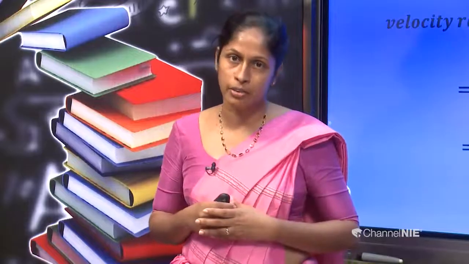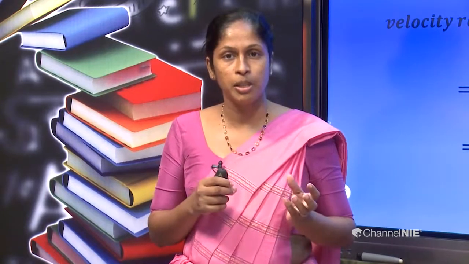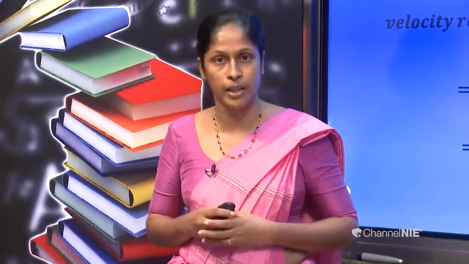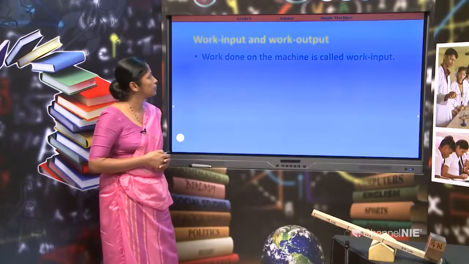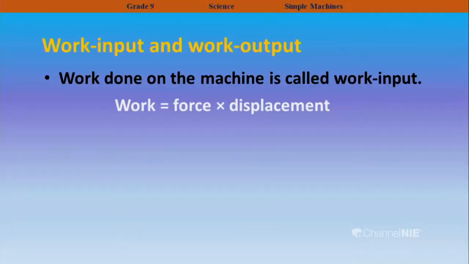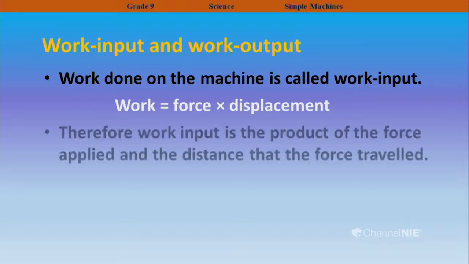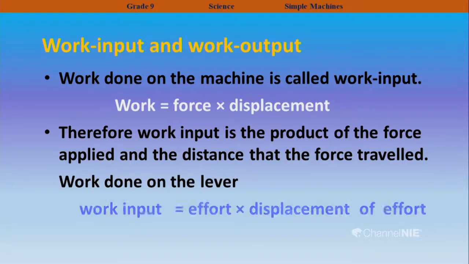To calculate the work, the force exerted should be moved through a particular distance, and that is called work. Work equals force into displacement. In calculating work done on the machine, we can use the effort and the distance moved by the effort.